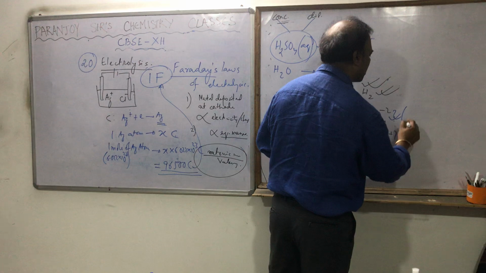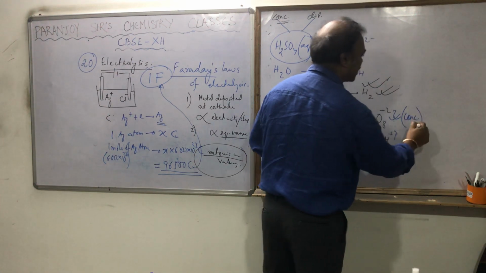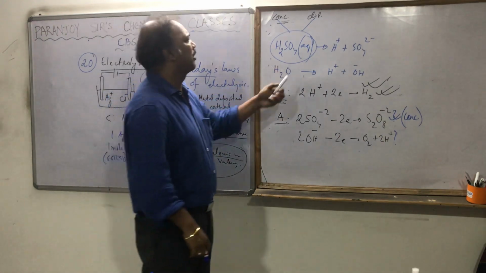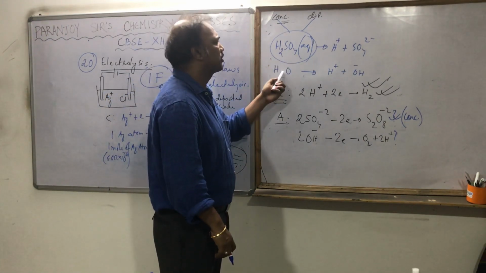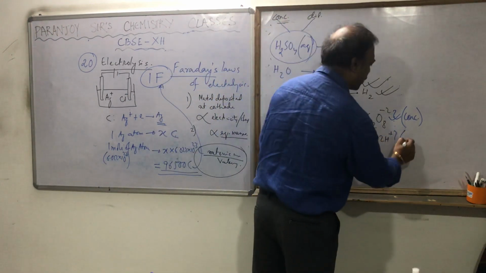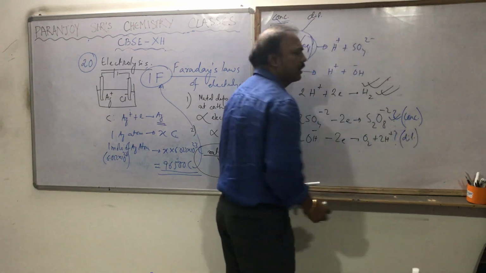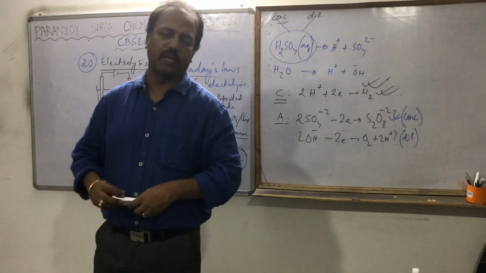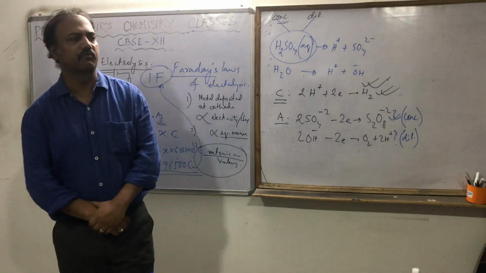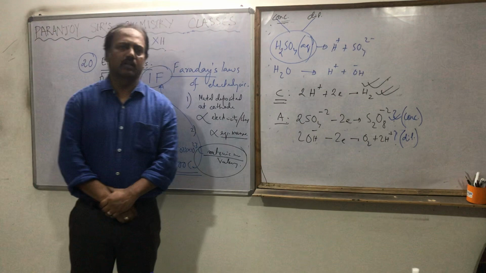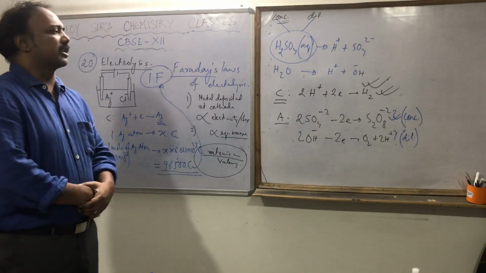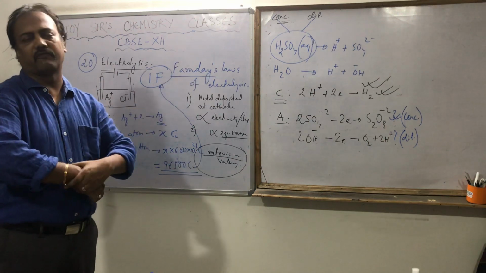When we take dilute H2SO4, obviously the amount of water is more, so this will be the product. So it depends on the concentration of H2SO4, whether it is dilute or concentrated. If it is dilute, the product is oxygen, and if it is concentrated, the product is disulfate ion.